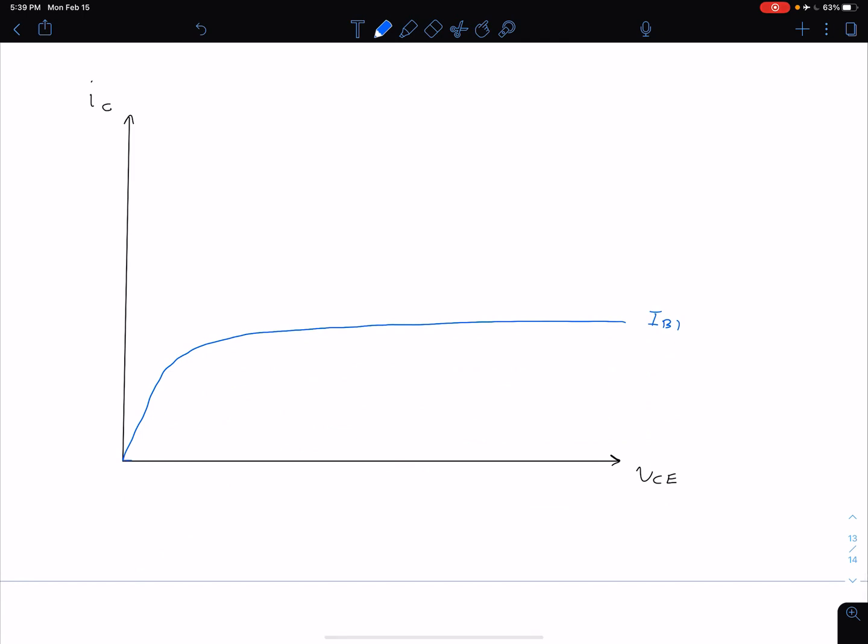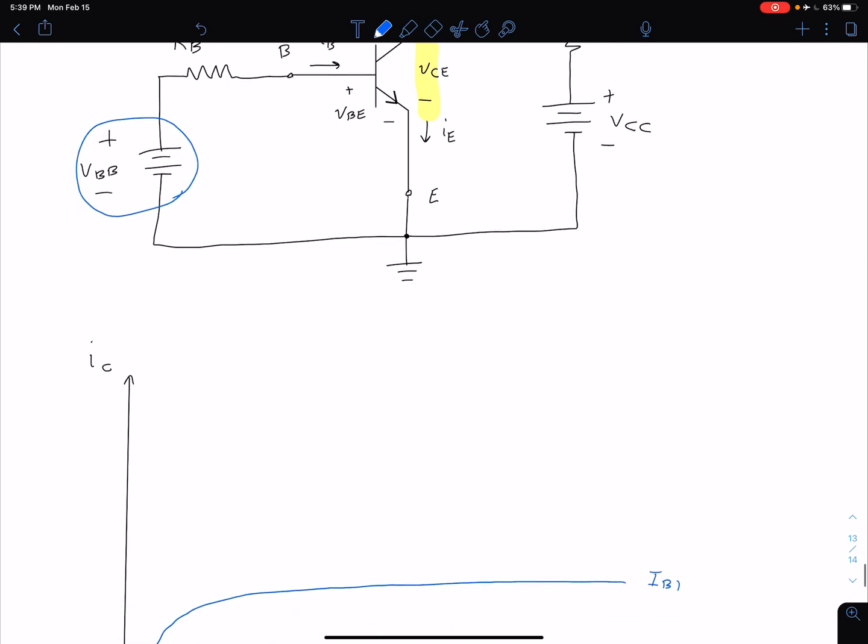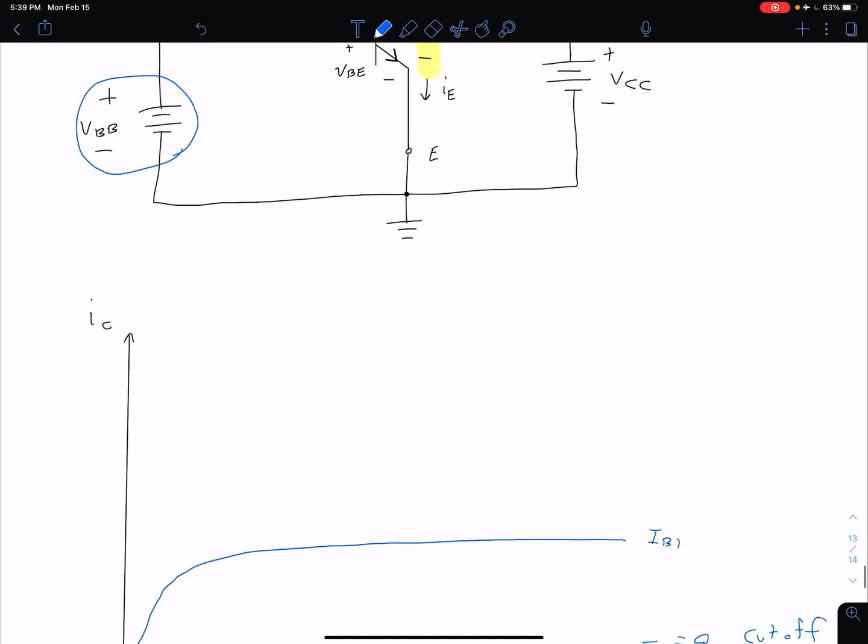That would be this case here where we just have 0 current, so not very interesting. That would be IB equals 0, which is our cutoff region. That's if we have a VBB value that's too low or reverse biased such that we're in the cutoff region.